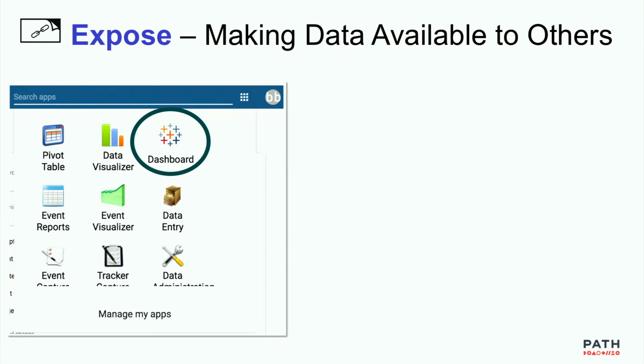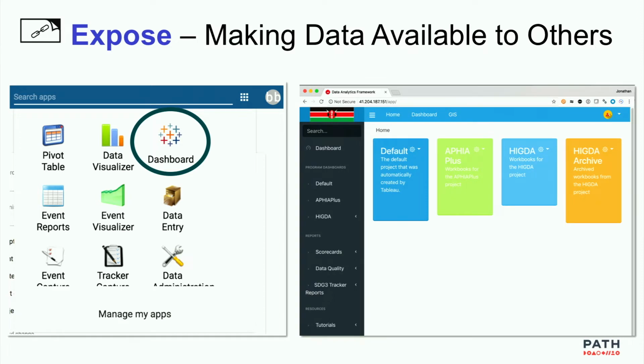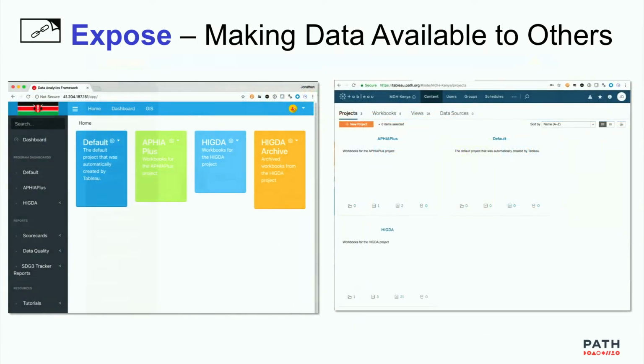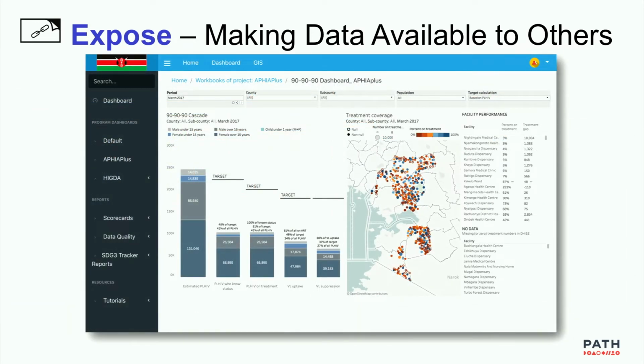We've got a lovely little Tableau logo on there. People can click on this, and then they're looking into Tableau projects, and then drilling down, they're able to see Tableau vizzes inside it. So being able to expose the data to people where they live and where they work is this other part of this principle of Expose.